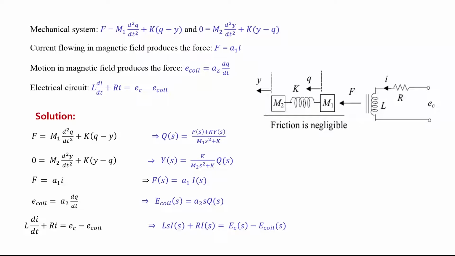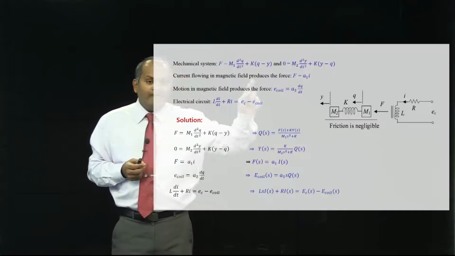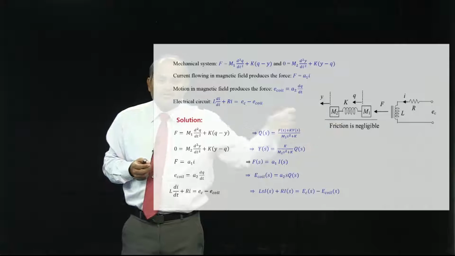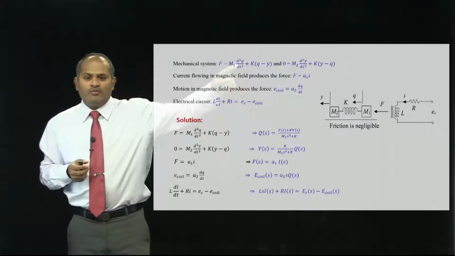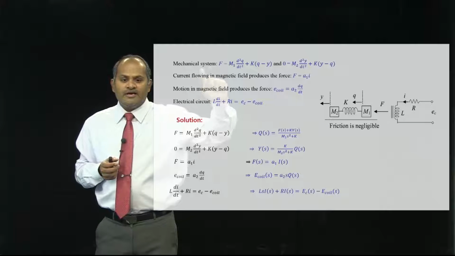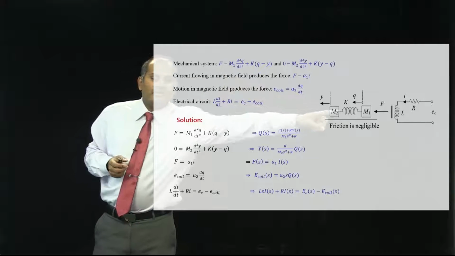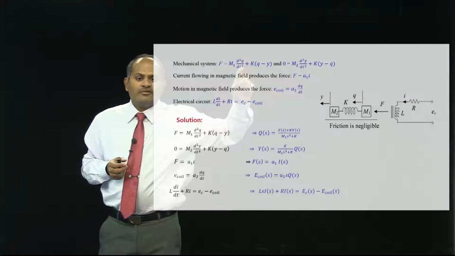All the equations that describe the motion are already provided. The important aspect here is to relate every equation to the functional diagram. Here there are two coupled differential equations for the mechanical system. Force F is here, m1 d squared q by dt squared plus k into q minus y.